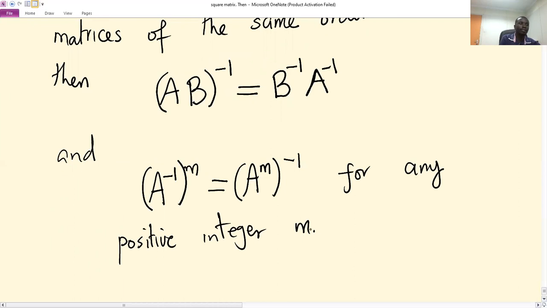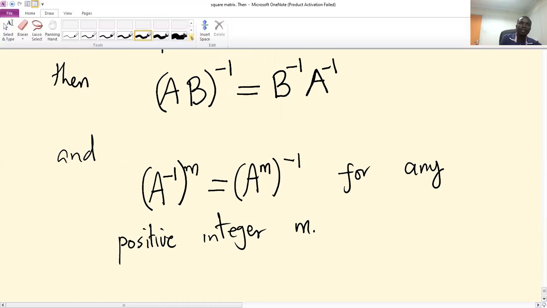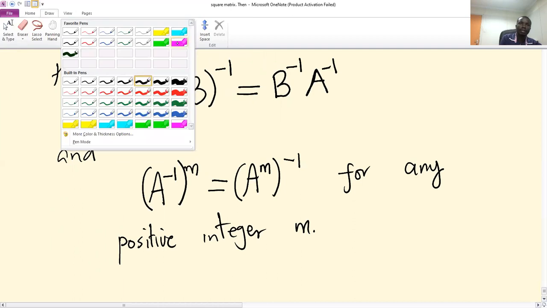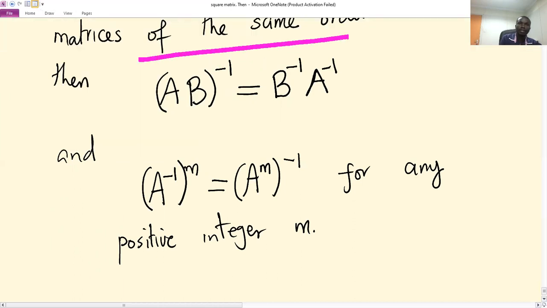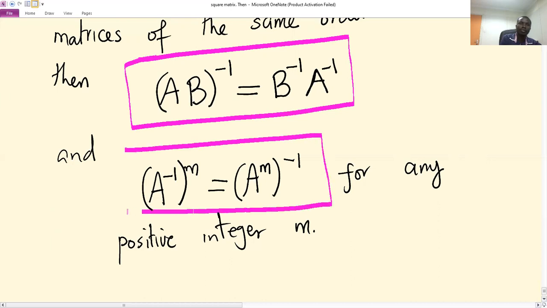So the inverse of the product of two matrices is the product of the respective inverses in the opposite order. (AB) inverse is B inverse A inverse.